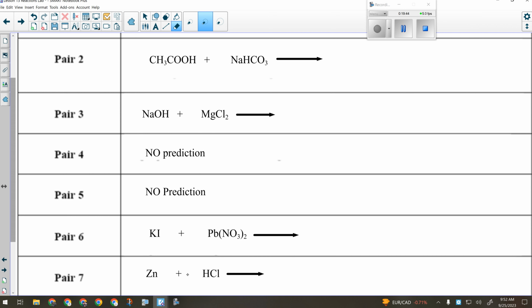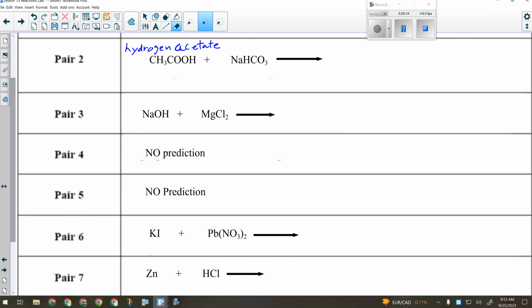On pair number 2, this stuff here is hydrogen acetate. I know it's not written that way, but it's because acetate is an ion, but it's also organic. Hydrogen acetate is also known as acetic acid, which when diluted down to 5% is vinegar.